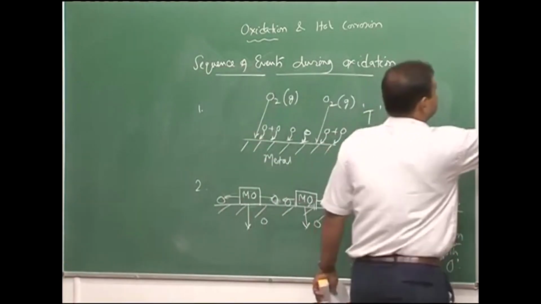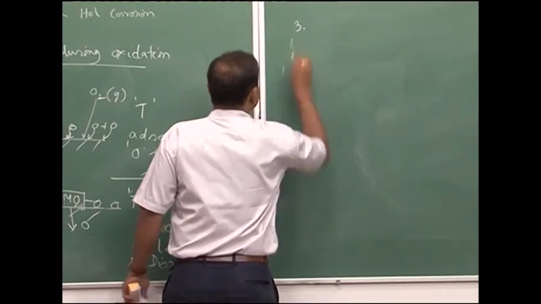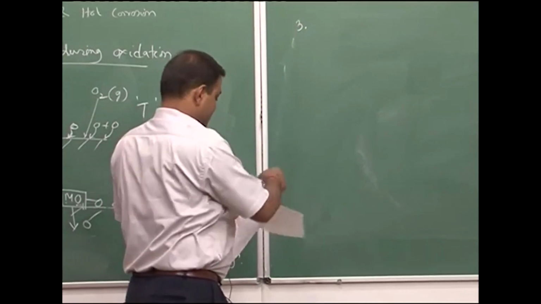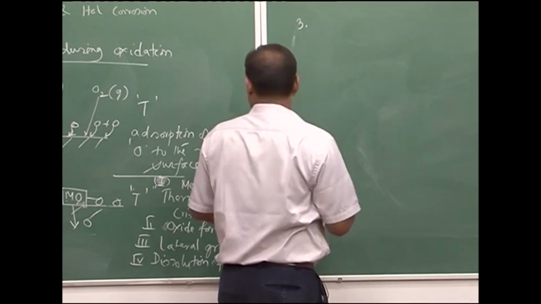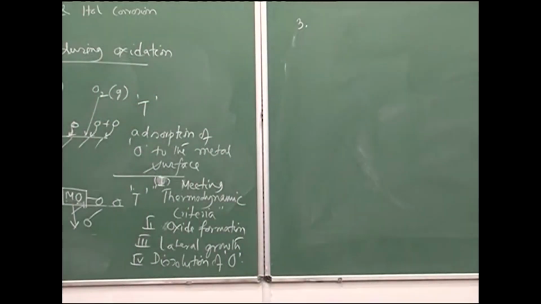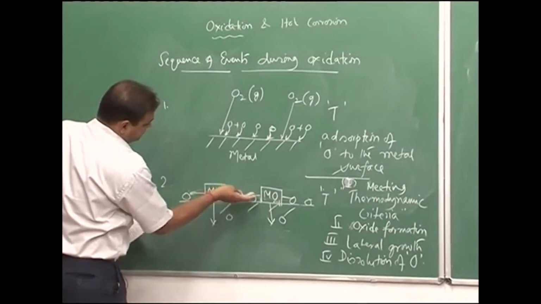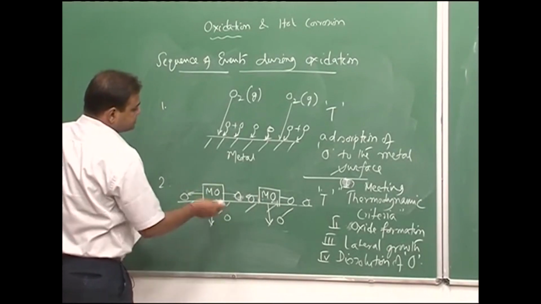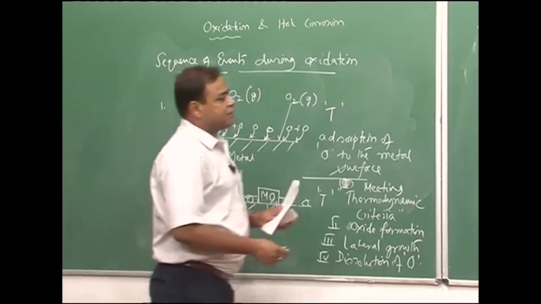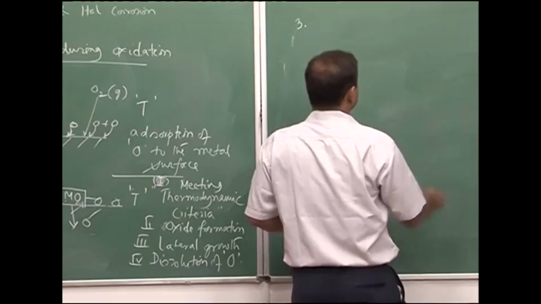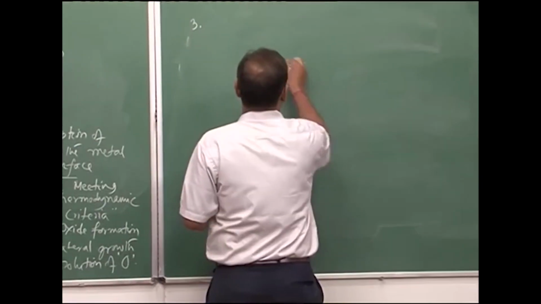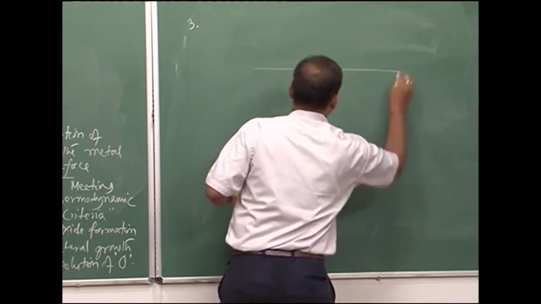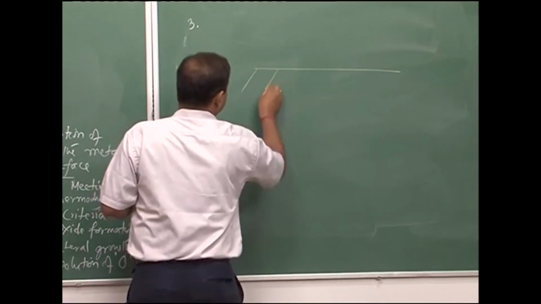Now, in the third stage, see, the third stage, this oxide is growing laterally. Now, once the metal surface is covered up, let us say this is the metal surface.